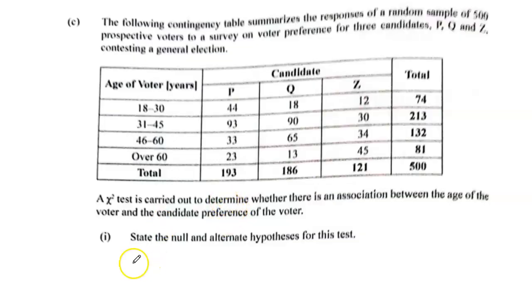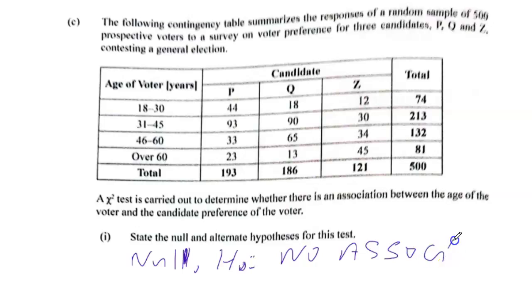So the null hypothesis is obviously there's no association between the variables, and the variables here are age of the voter and candidate preference.